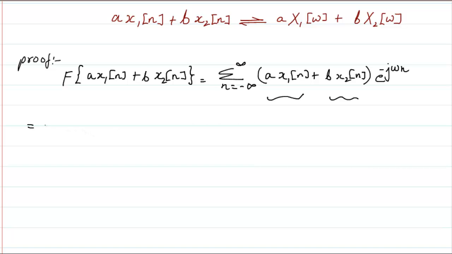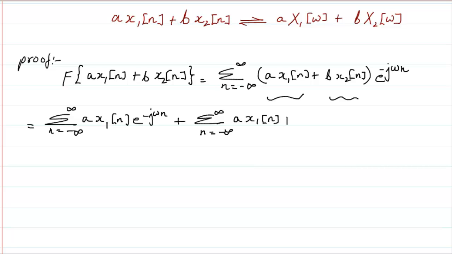So we can write that this is equal to summation n is equal to minus infinity to infinity a x1 of n e raised to power minus j omega n, plus summation n is equal to minus infinity to infinity b x2 of n e raised to power minus j omega n.